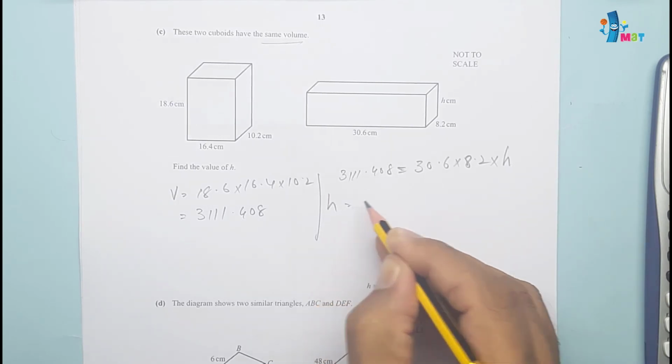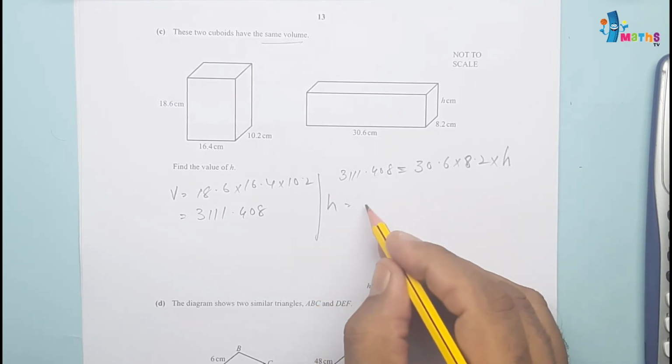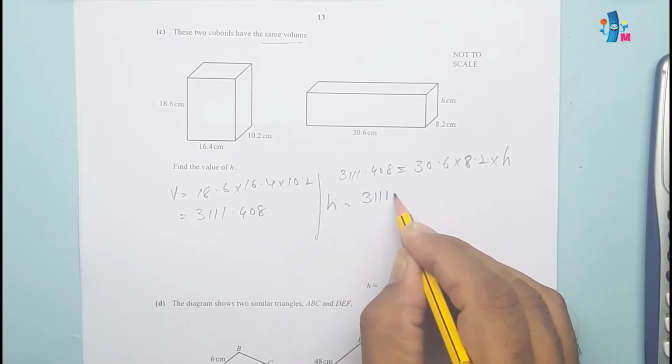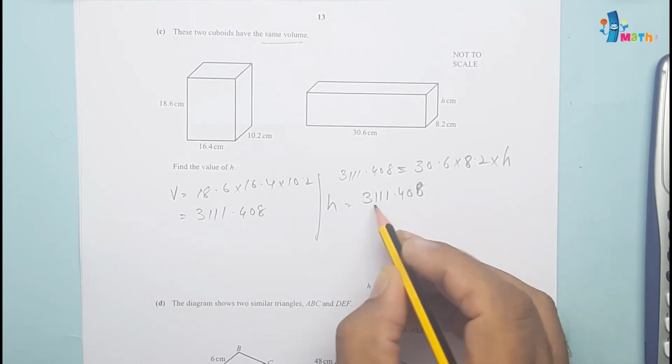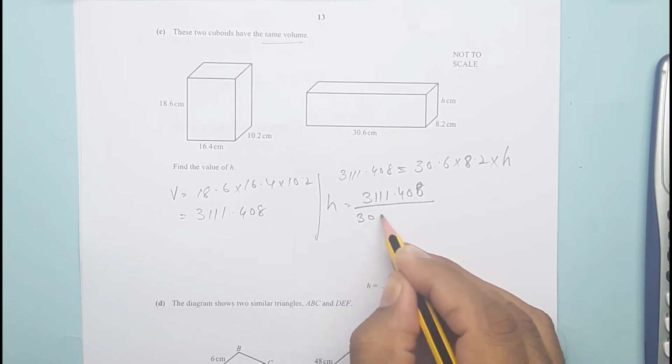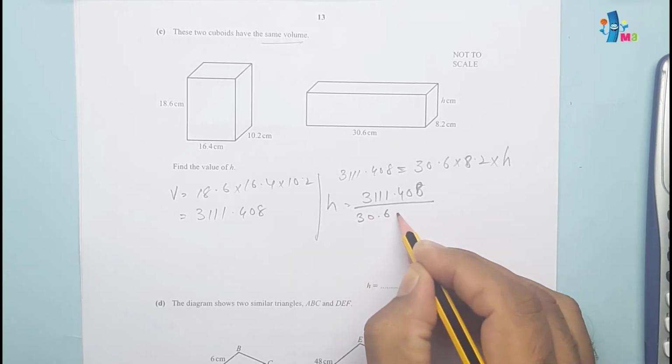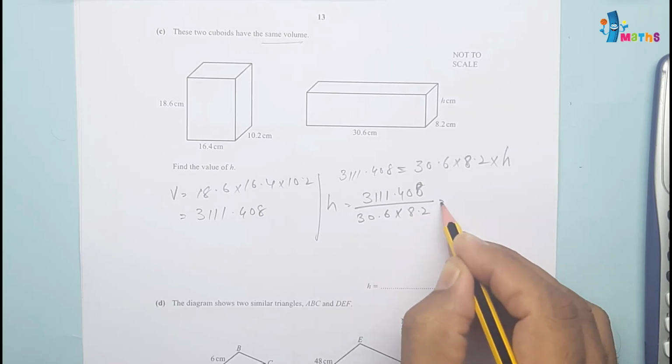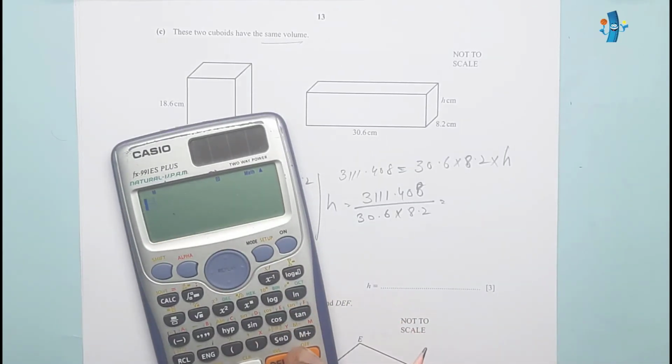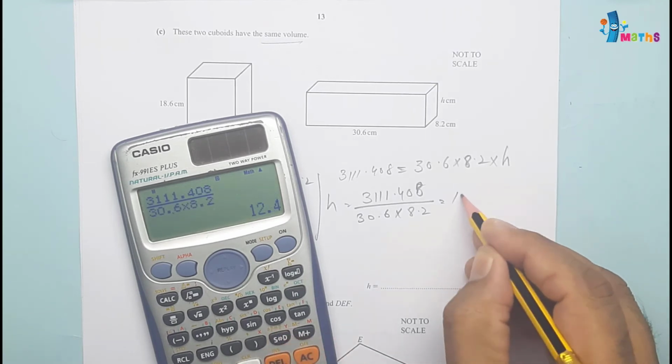So h can be written equal to, we can shift these two as denominators, so 3111.408 divided by 30.6 into 8.2, and this calculation will be equal to 12.4.